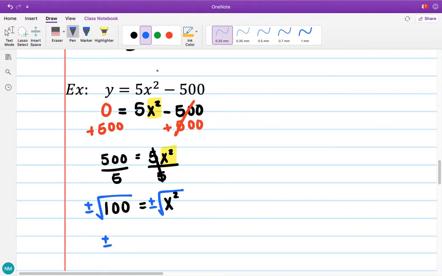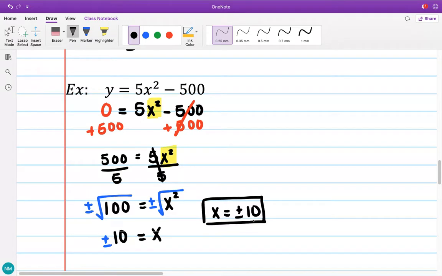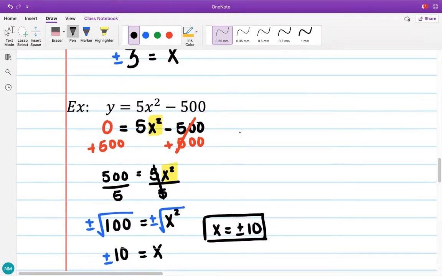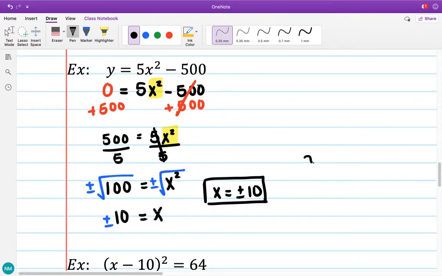And so this becomes plus or minus square root of 100, which is 10, equals x. So x equals plus or minus 10. Final answer. And again, if it asks for the x-intercepts, it would be (10, 0) and (-10, 0).